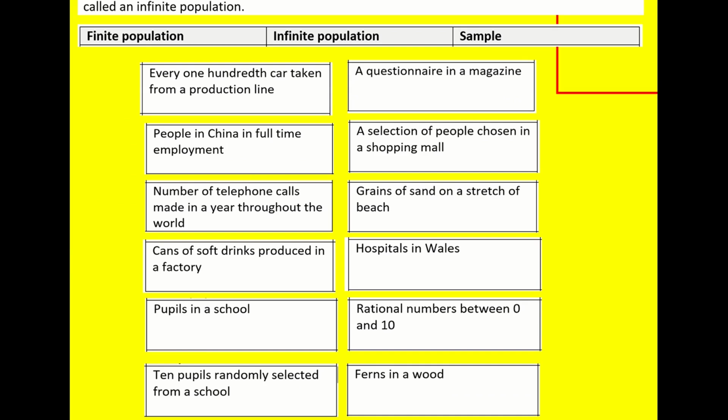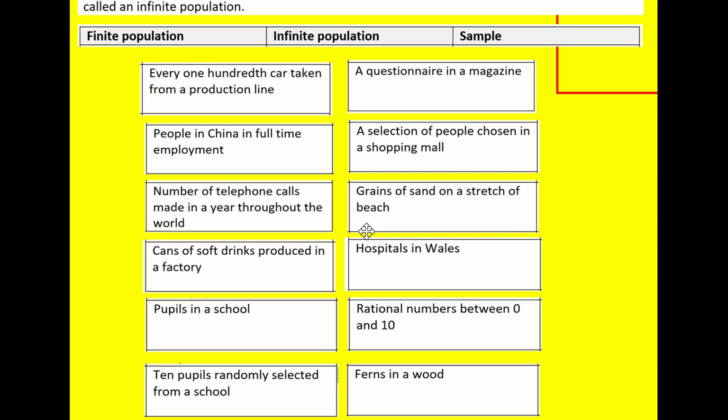So we've got 12 little, I want to say statements, 12 little cards that either fit under finite population, infinite population, or sample. Now, actually, I've designed it so there's 4 in each. You might disagree. What I want you to do is try and think, is this part of a finite population? Is it part of an infinite population, or is it part of a sample?